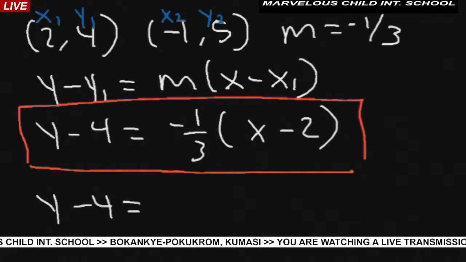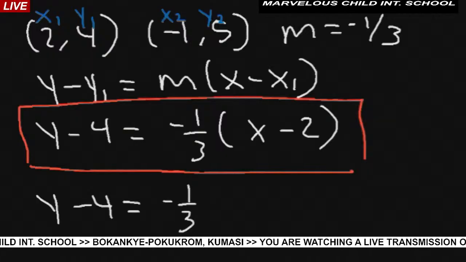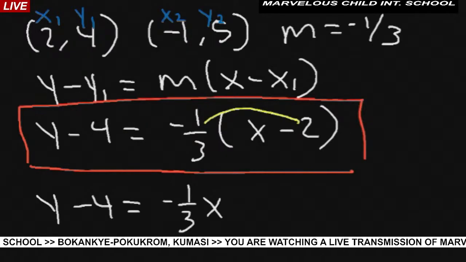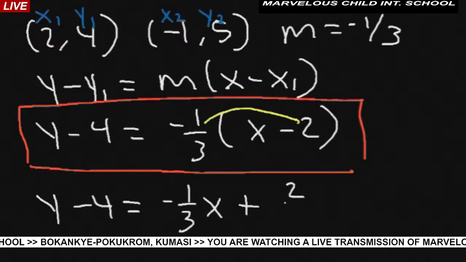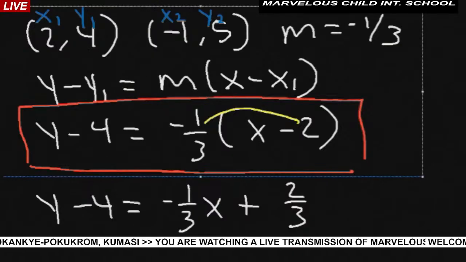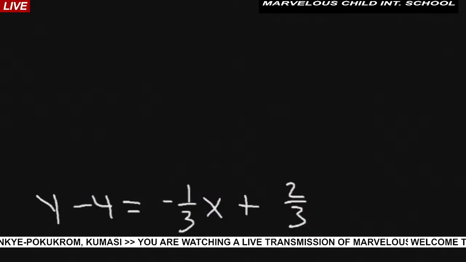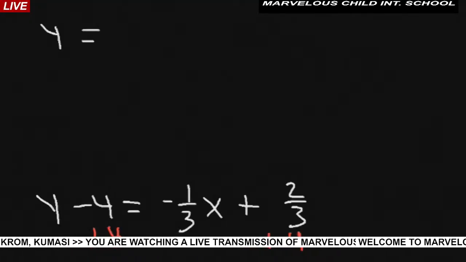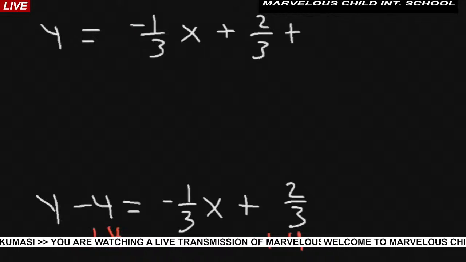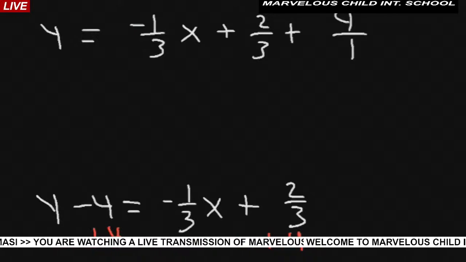So now let's convert it to slope-intercept form. Let's distribute the negative 1/3. It's going to be negative 1/3 x, and then negative 1/3 times negative 2. Negative 1 times negative 2 is 2, so it's positive 2/3. Now we need to add 4 to both sides. So y is equal to negative 1/3 x plus 2/3 plus 4. 4 is the same as 4 over 1.